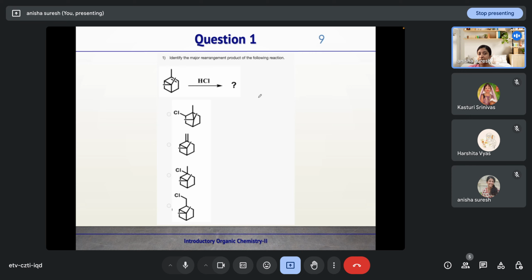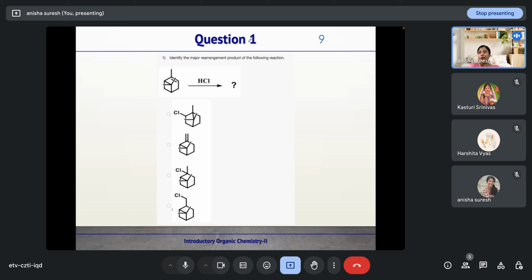Now coming to question number 1. Identify the major rearrangement product of the following reaction. This is our compound, and we are treating it with HCl, so acidic condition. What will be the product that is getting formed? It is a sort of carbocation rearrangement.